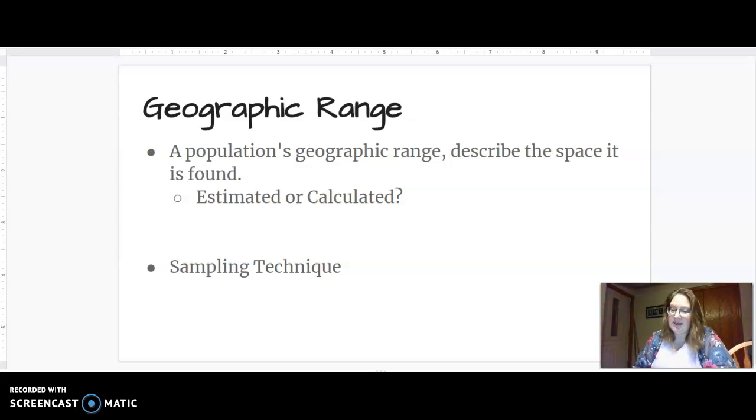So when we estimate populations, we use what's called a sampling technique. And the sampling technique is where, instead of counting every single grasshopper in a cornfield, you mark off maybe a 10 by 10 square or a 2 by 2 square, and you count all of the grasshoppers that are there, mark them somehow, usually with a marker, or sometimes eagles get serialized, and there's a thing that gets attached to their foot.